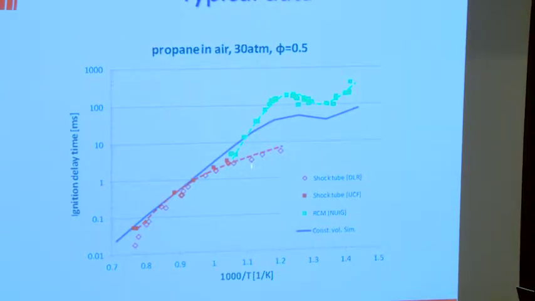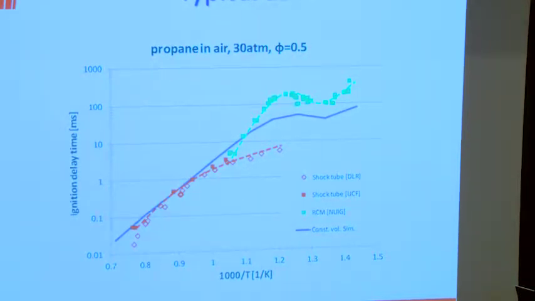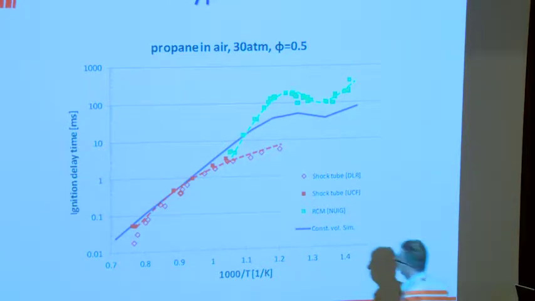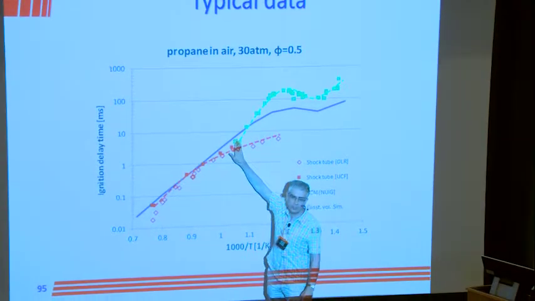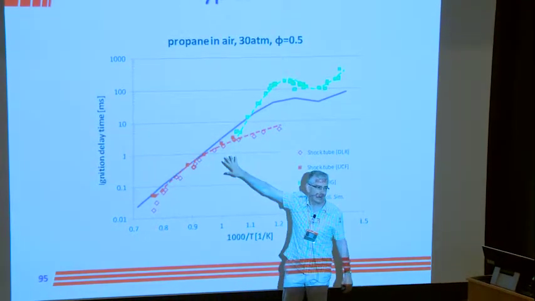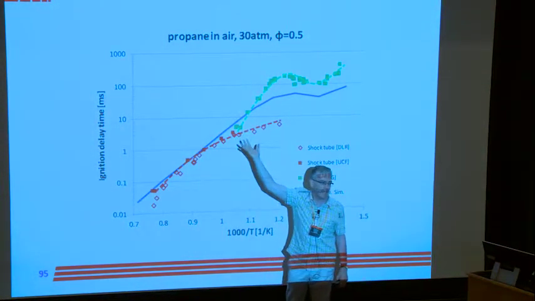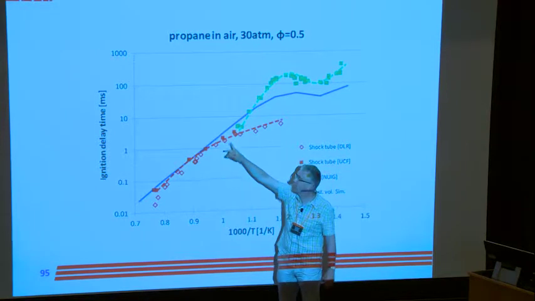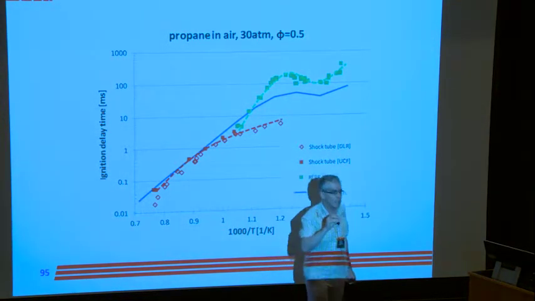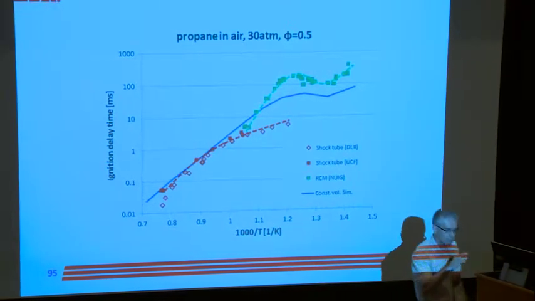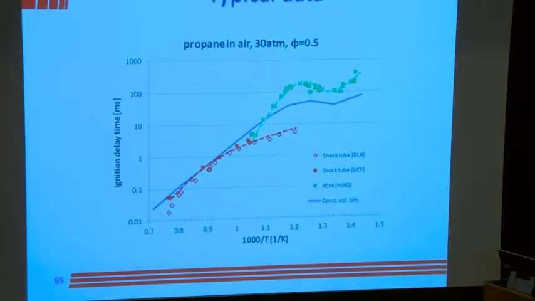Certainly, here at 900 Kelvin, and this is something I want to point out and highlight. Here at 950 Kelvin, 900 Kelvin, and so on, the time scale is maybe of the order of 5, 10 milliseconds on this graph, okay? And in that time scale, very little pressure drop will have occurred.